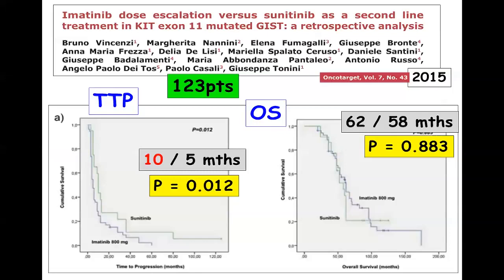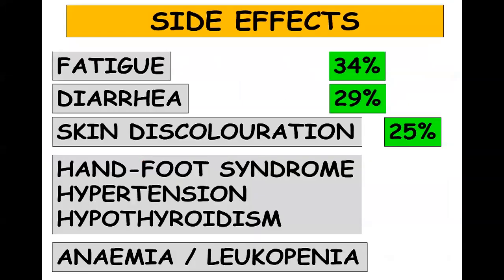Dose escalation is particularly useful in the case of KIT exon 11 mutation. And what about side effects? Fatigue 34%, diarrhea 29%, skin discoloration 25%, hand-foot syndrome, also hypertension, hypothyroidism, anemia, and leukopenia.